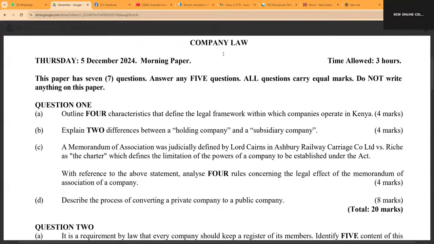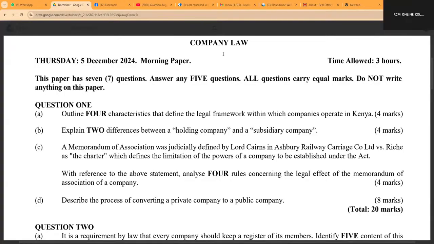While on the other hand, a subsidiary is a company whose shares have been owned by another company in the majority. What I mean by in the majority is that it is more than 50%.